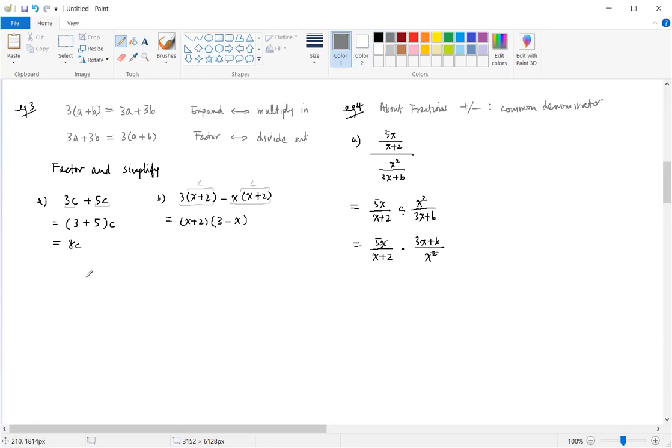Here, maybe I'll quickly write this for you. Recall lesson 1, we wrote exactly this top and bottom thing. This top and bottom canceling exactly corresponds to multiply and divide.